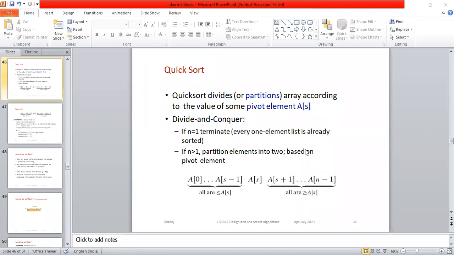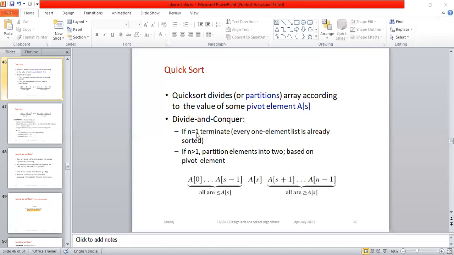Can you divide if there is only one element? We cannot divide only one element. If there is only one element, there is no concept of divide. If you want to divide, there should be two numbers: one is the numerator, the other is the denominator. If there is only a numerator and nothing in the denominator, you can't divide. So that is the case.